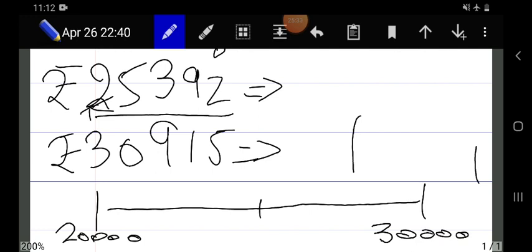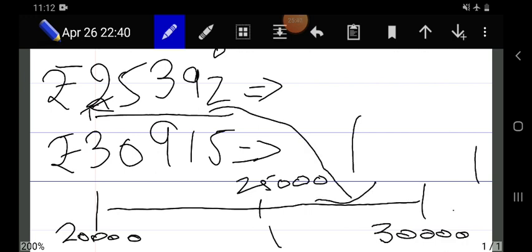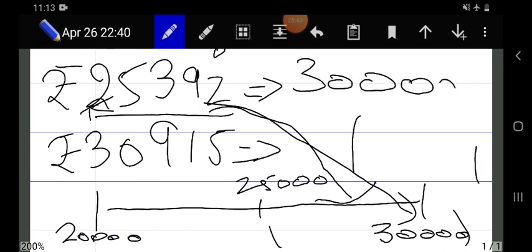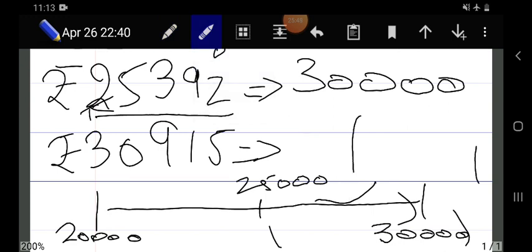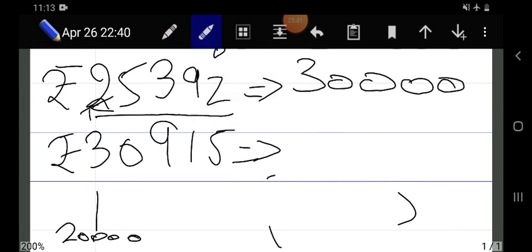The midpoint is 25,000. So this number will lie in this part, so we will estimate it to 30,000. So the first number became 30,000.